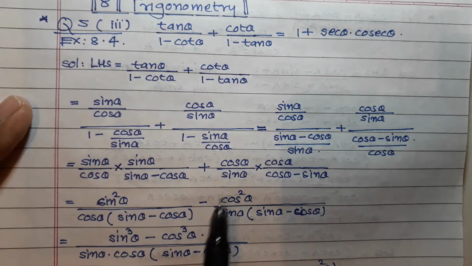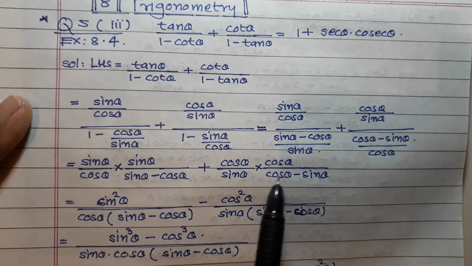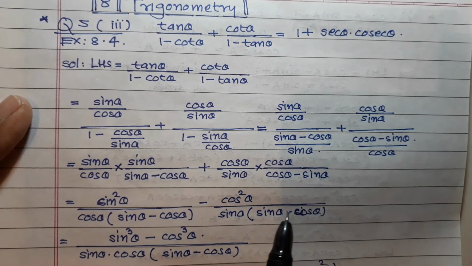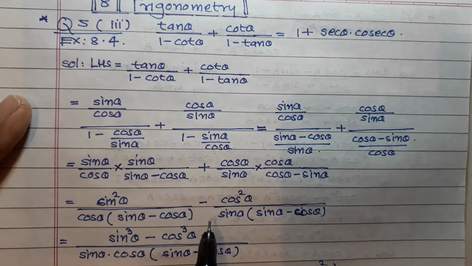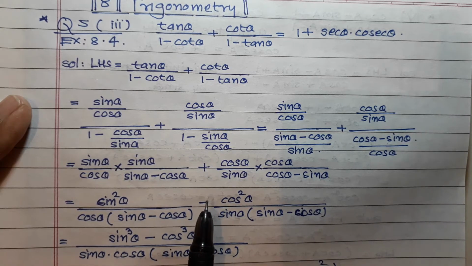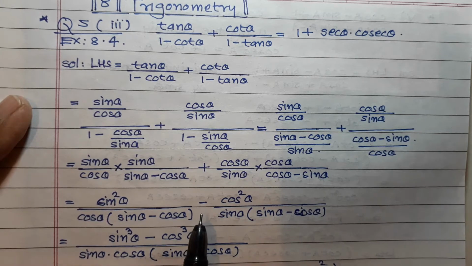So this is equal to cos square theta upon sine theta into bracket, this is cos theta minus sine theta, I write sine theta minus cos theta, so I take minus sign outside the bracket and this sign I give here, so this positive become negative. So this step is very important.